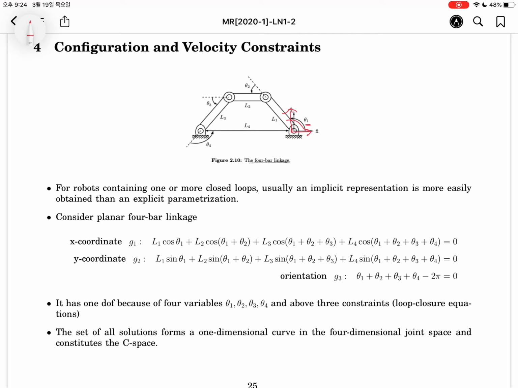The first angle will be denoted by theta 1, and maybe theta 1 plus theta 2 will make this orientation, and theta 1, theta 2, theta 3, and theta 1, theta 2, theta 3, theta 4. So adding all the orientations will bring 2 pi radians, such as 360 degrees.